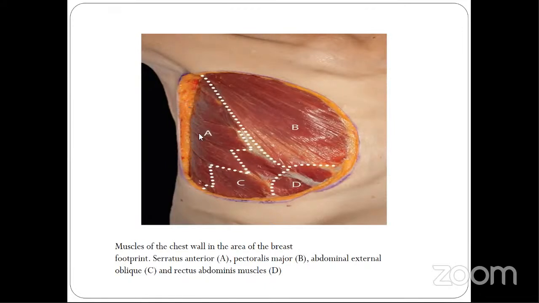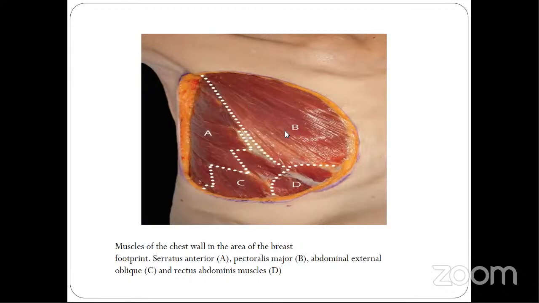Posteriorly, we can find the fascia of pectoralis major. B is pectoralis major, A is serratus anterior, C is external oblique, and the rectus abdominis muscle.